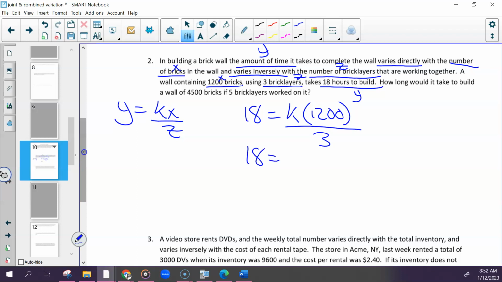Let's say we divide first. That would be 400. And then we can divide by 400 on both sides. Figure out what that would be. 0.045.